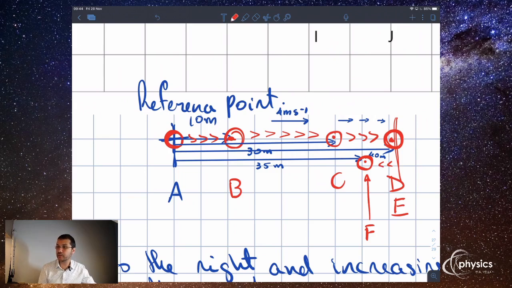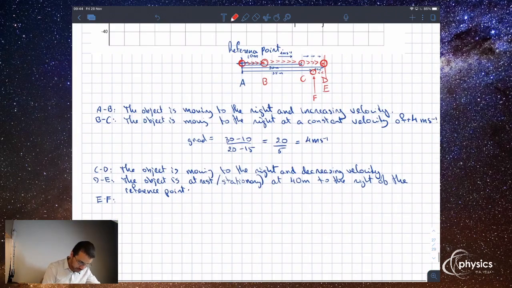Taraw kif tidu tinterpretawa. So I am interpreting first what's happening to the displacement. The displacement was 40, and now the displacement was 35. So actually the object moved closer to the reference point. It's coming back. Alright? So in this case, I'm going to say the object is moving to the left.